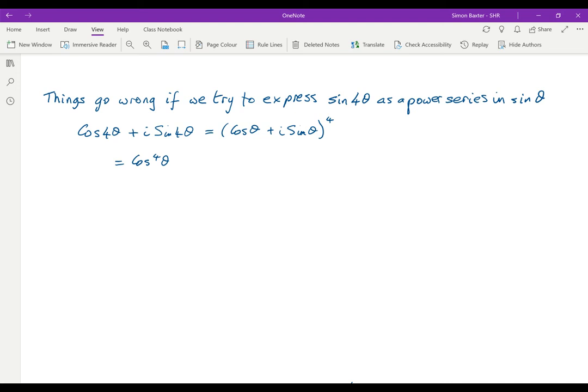Pascal's triangle goes 1, 4, 6, 4, 1, plus 4 cos cubed theta I sine theta, plus 6 cos squared theta I sine theta squared, plus 4 cos theta I sine theta cubed, plus I sine theta, all raised to the power 4.